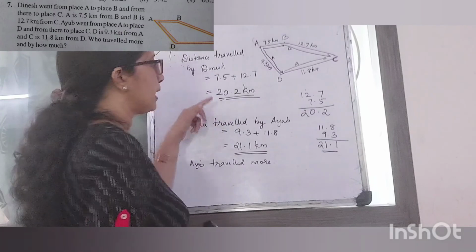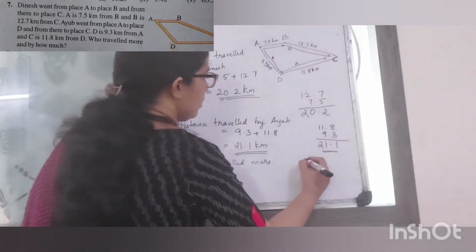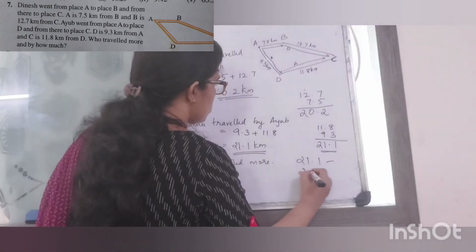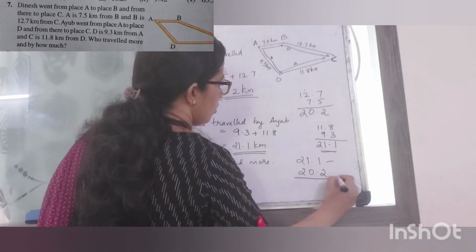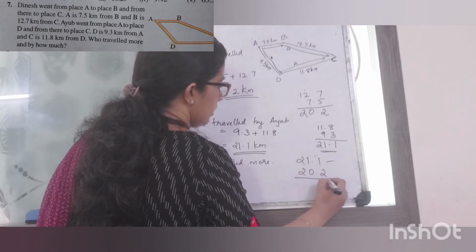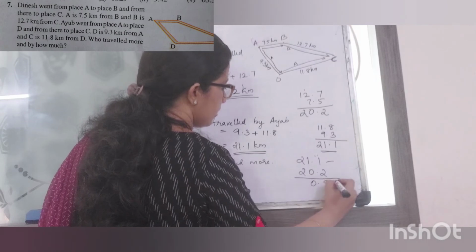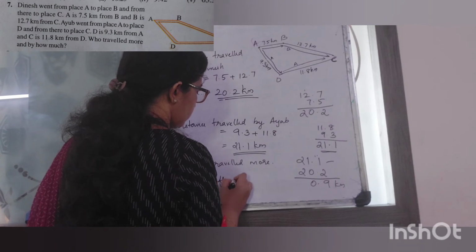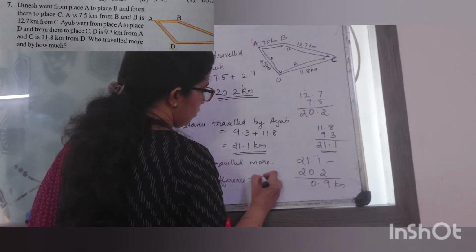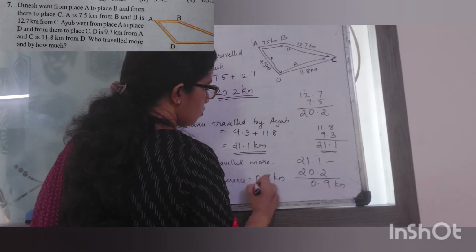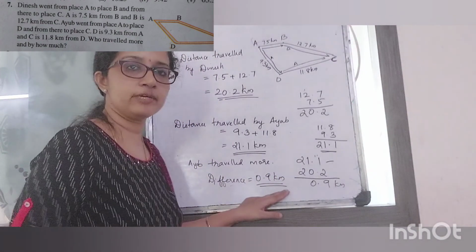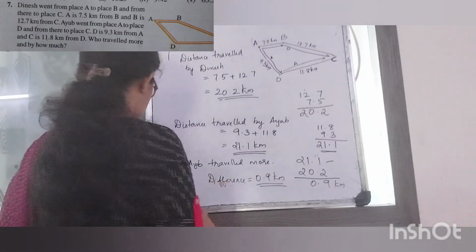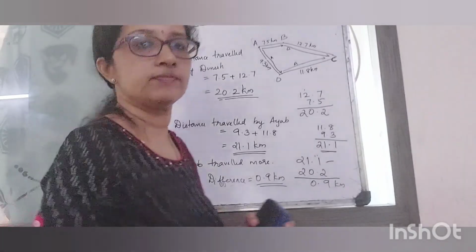Then we will get by how much more Ayub traveled. 21.1 minus 20.2. 11 minus 2 is 9. So 0.9 kilometer. So the difference is equal to 0.9 kilometer. So Ayub travels 0.9 kilometer more than Dinesh. Clear? Now let's move on to the next problem.